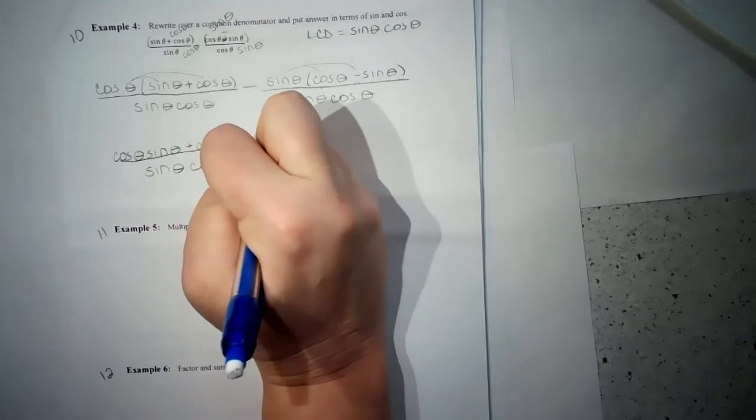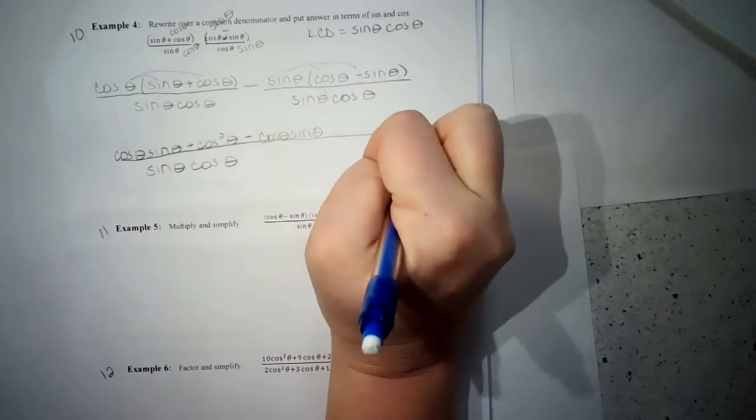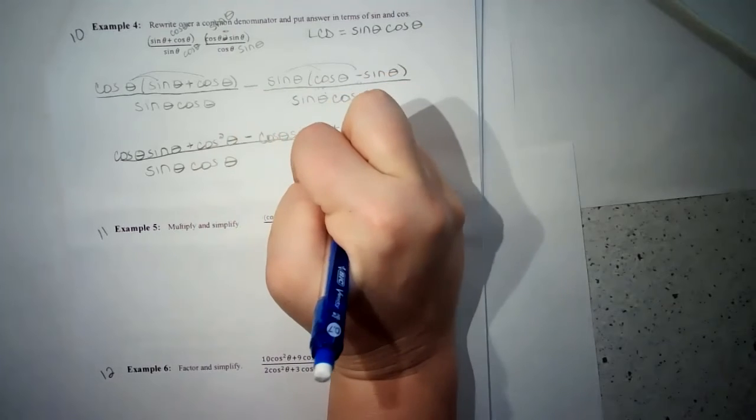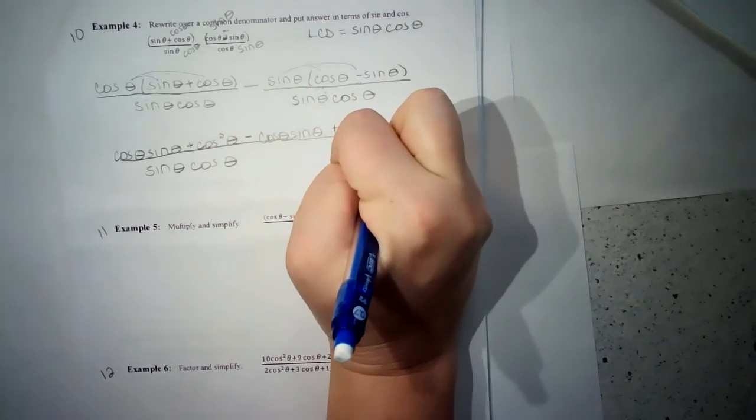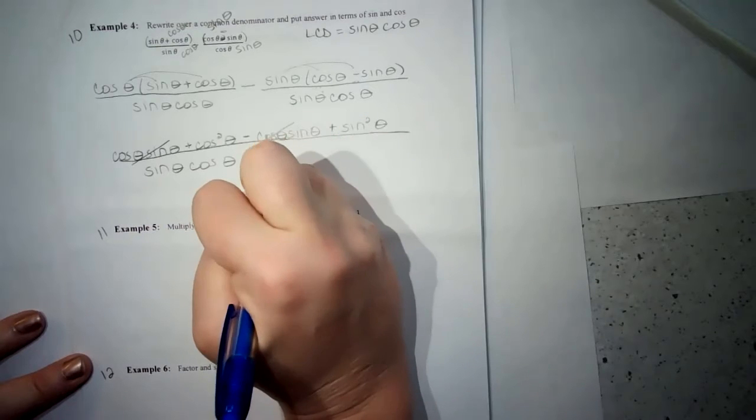If I put it in the same order, then it's really easy for me to see they're going to cancel. And then I'm going to have plus sine squared theta. All right, so does everybody see that these two sine theta cosine thetas cancel? Okay. All right, let's see what we're left with.